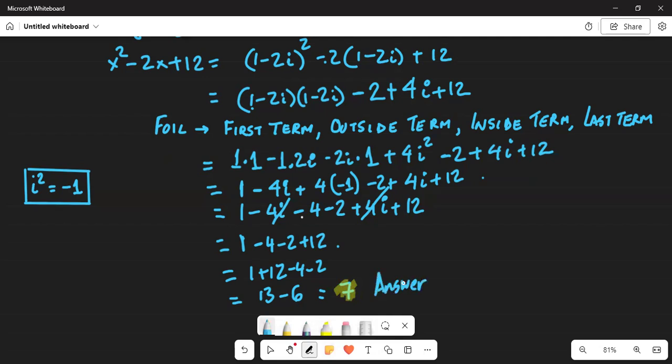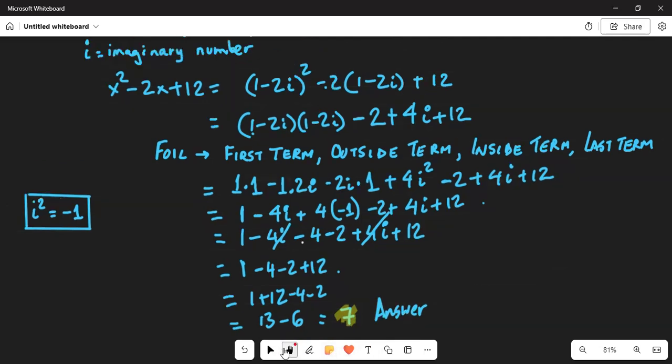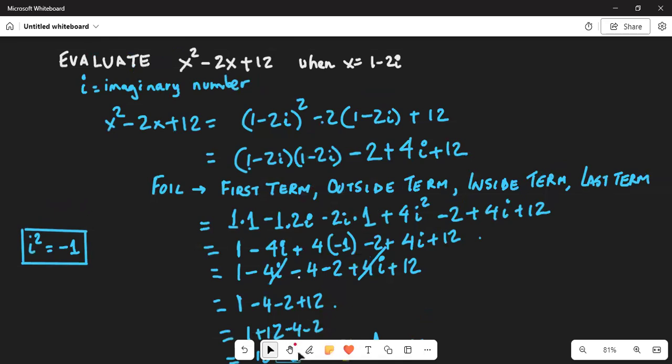So let me explain once more what I did. I substituted the value of x, or the expression for x, as was given to me, which was x is 1 minus 2i. So x squared is 1 minus 2i squared, minus 2 times 1 minus 2i, plus 12.